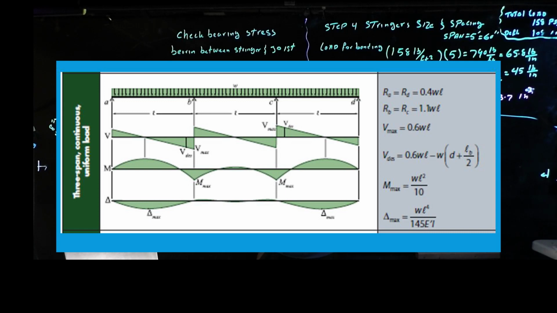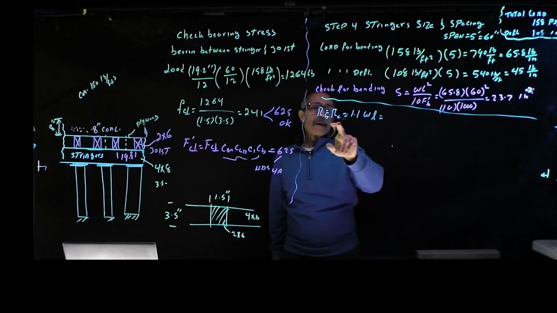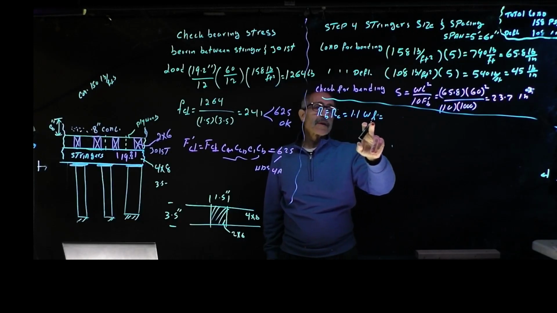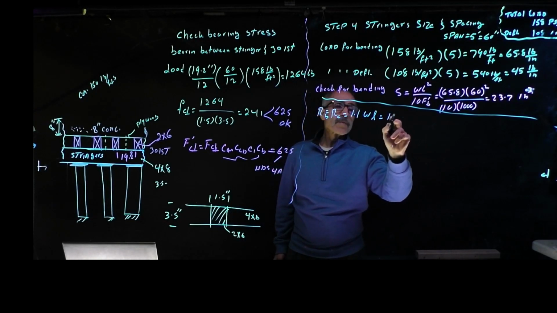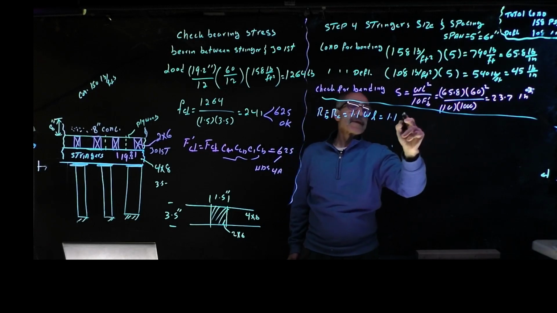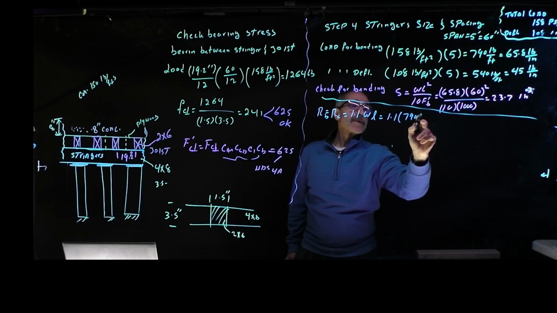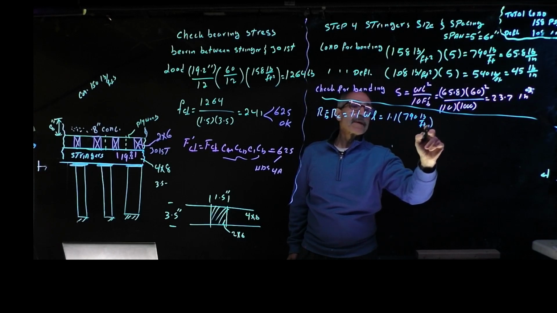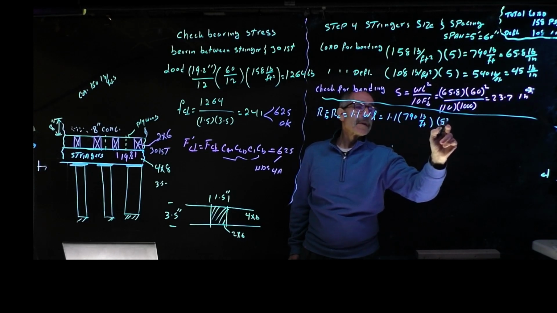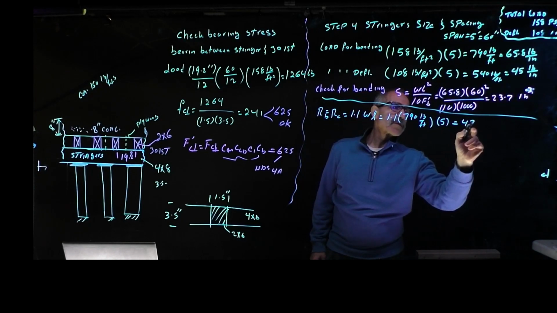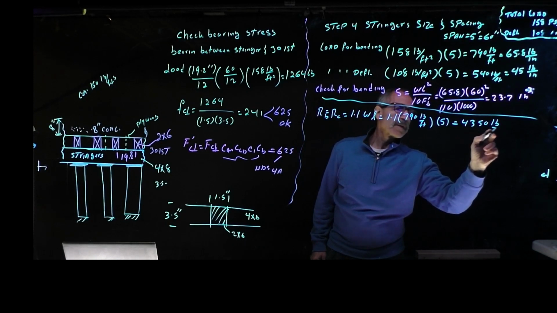Our W was 158. So the reaction here, based on the spans given, 3 spans max, would be 1.1 times WL. Our W we calculated was 790 pounds per foot, multiplied by L, which was 5 feet. That comes out to 4,350 pounds.